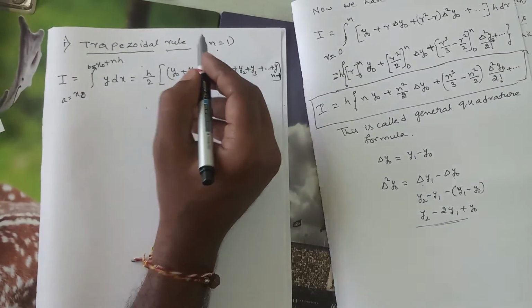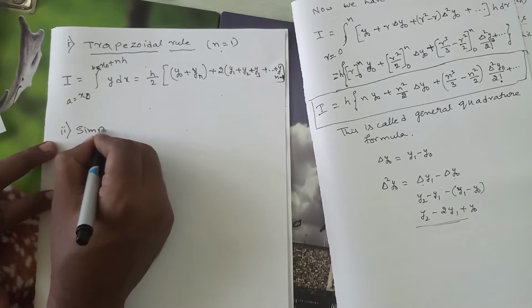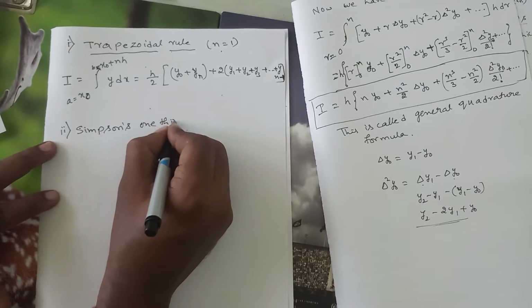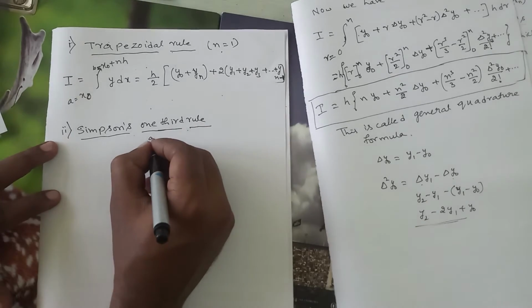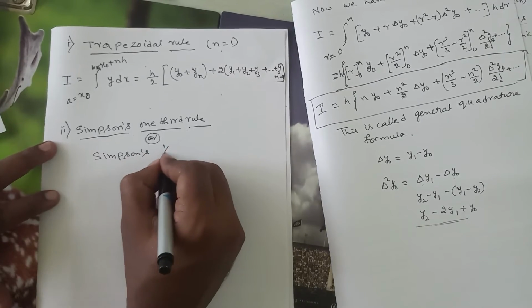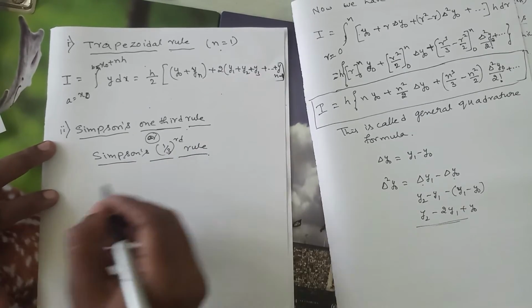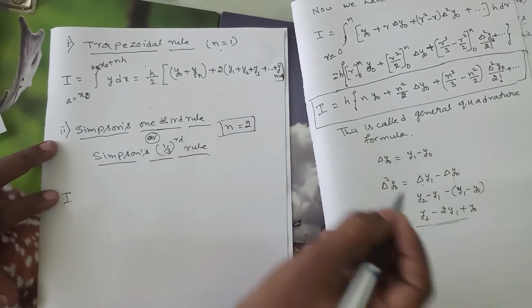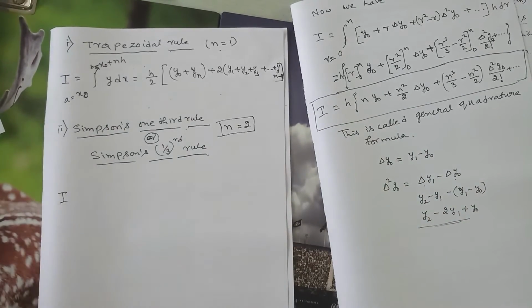Now if you put n equals 2, you will get Simpson's one-third rule, or you can write this one as Simpson's one-third rule. If you put n equals 2 in this quadrature formula, you will get Simpson's one-third rule.